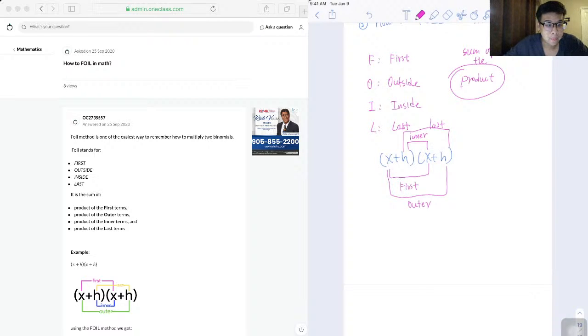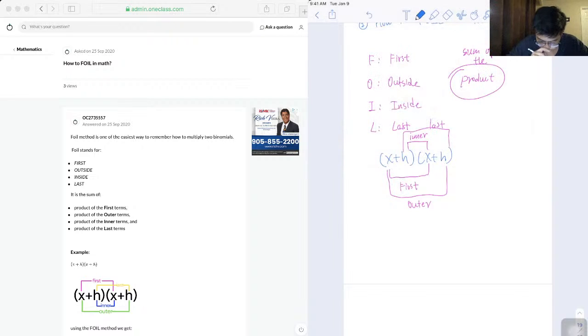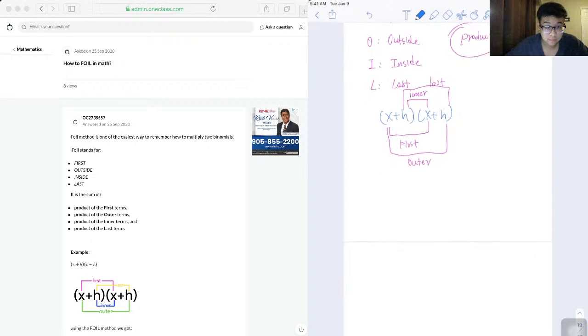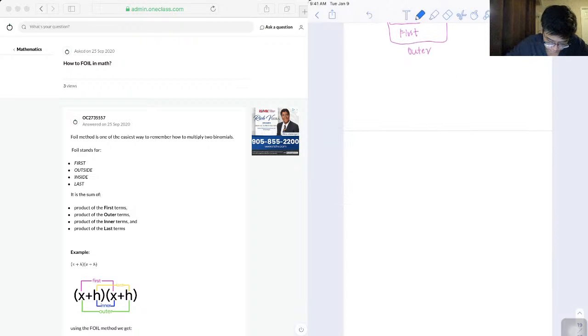Right. So let's use an example to explain how we're going to calculate this. Let's say we got a question like (2x + 1) times (2x + 1).